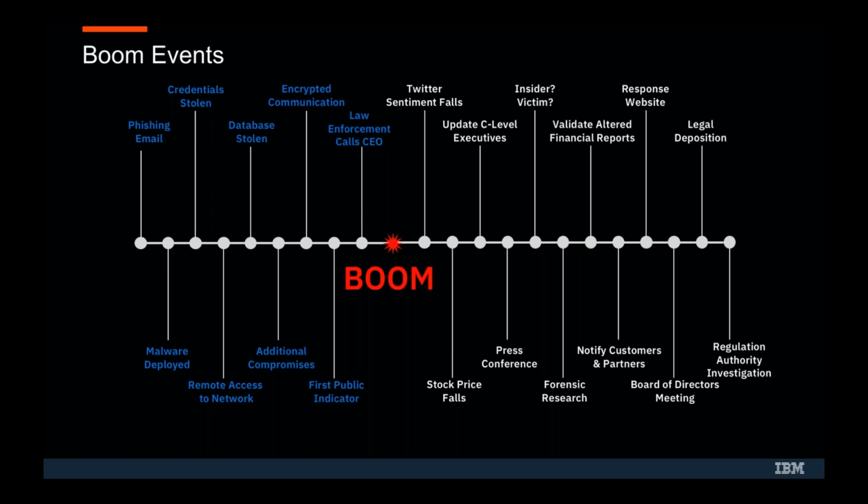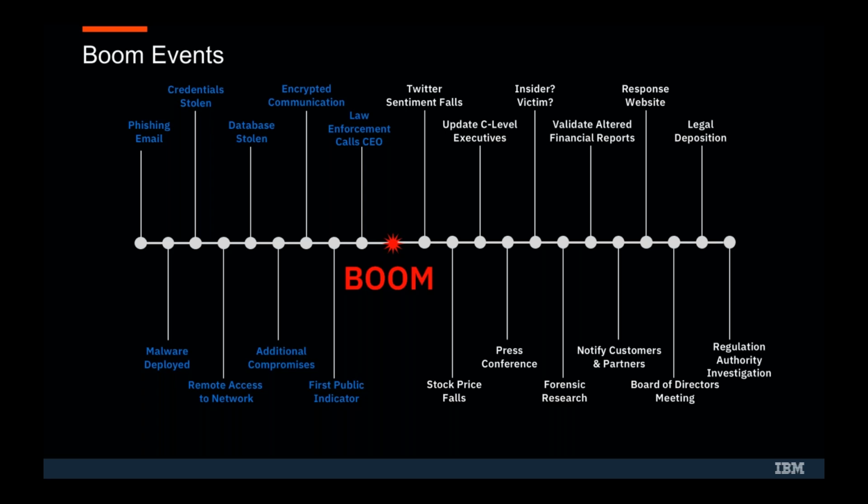But again, as I said, it's really not a question of if, but a matter of when this is going to happen. And so no matter what you do to prepare yourself for the left of boom, you also need to be prepared for the right of boom.